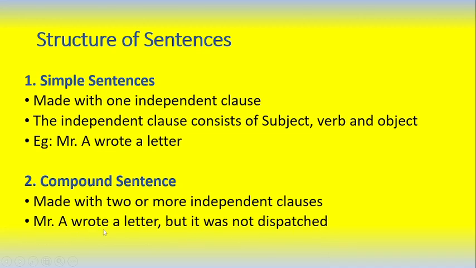See, Mr. A wrote a letter is complete, right? There is a subject, a verb, and an object. It was not dispatched: it is the subject, was is the verb, and not dispatched is again a predicate, right? So there are two independent clauses in this sentence, so it becomes a compound sentence.